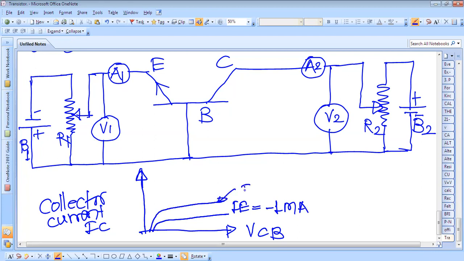This is for when emitter current is, suppose, minus 2 milliampere. Again change this to minus 3. This is for emitter current of minus 3 milliampere.